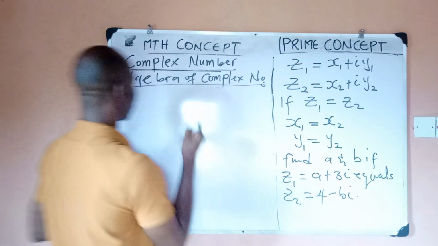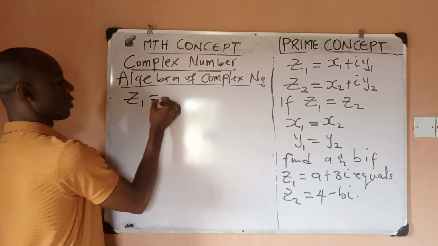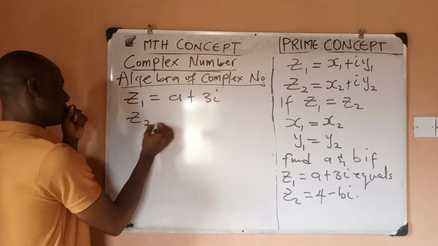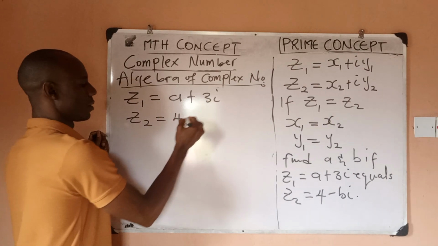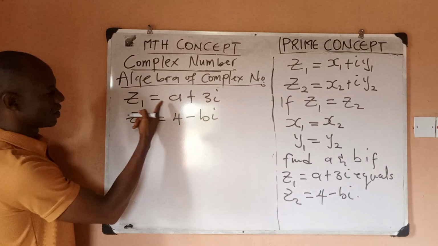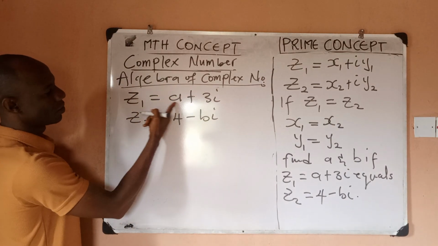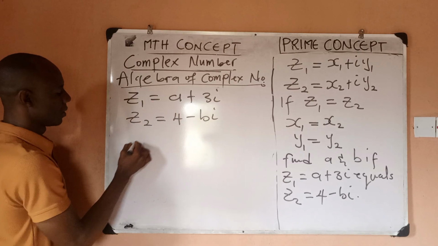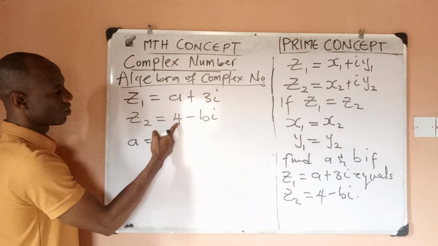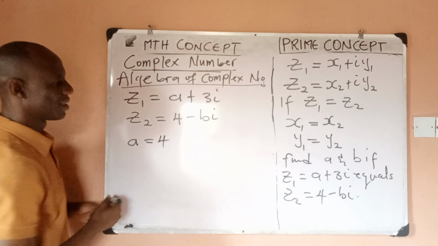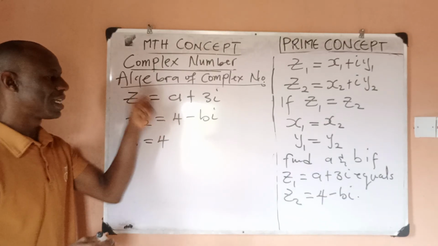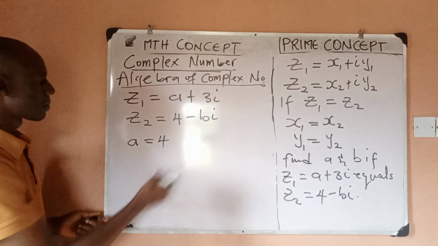Now z1 is equal to a plus 3i, and z2 is equal to 4 minus bi. The real part of z1 is a. The real part of z2 is 4. So a is equal to 4, by comparing their corresponding real parts.